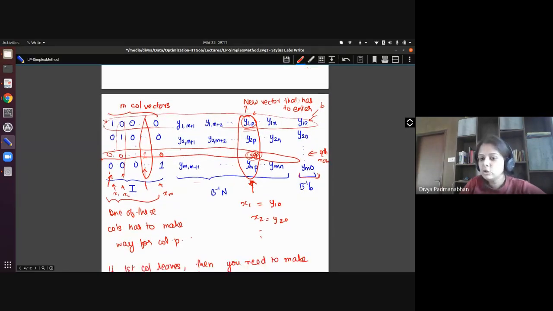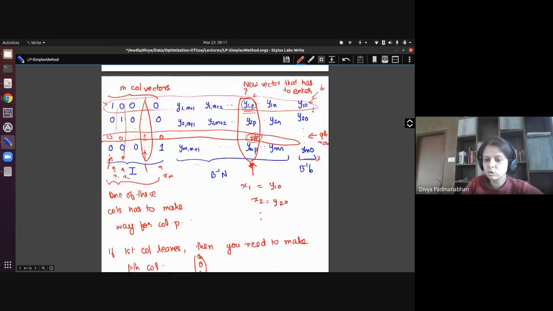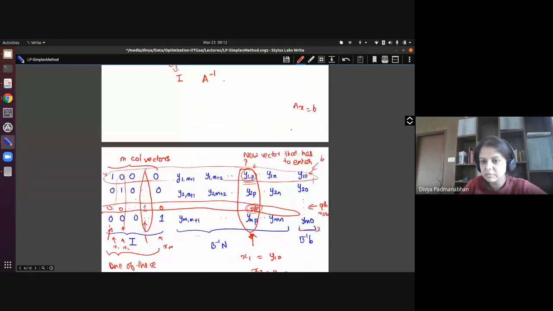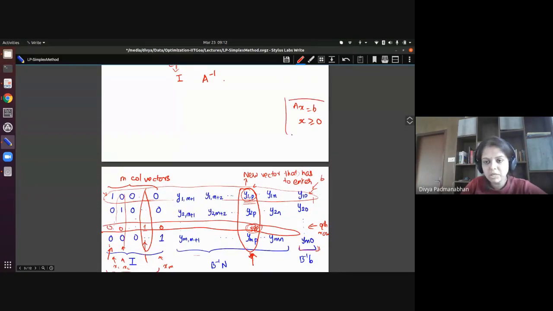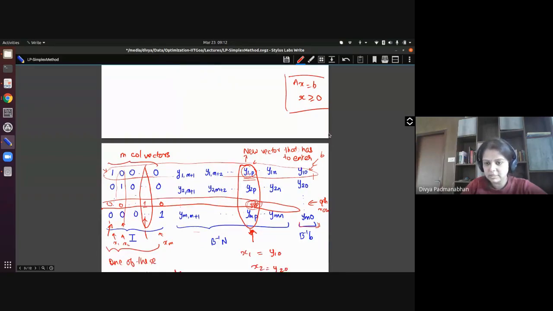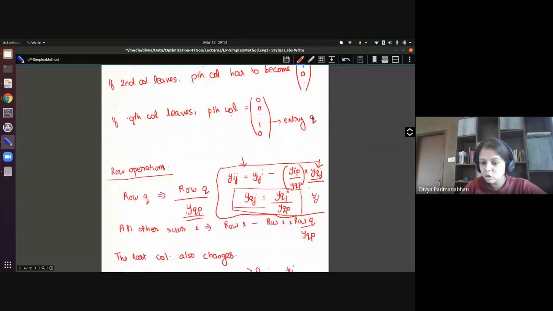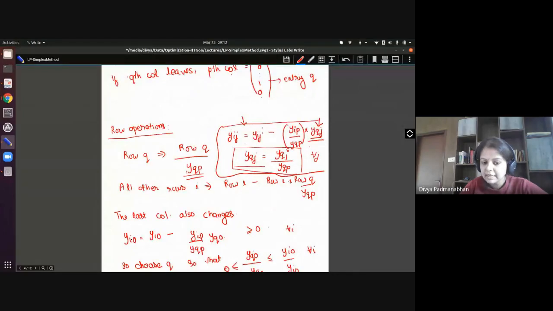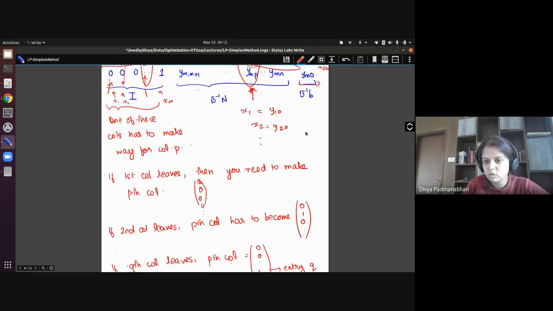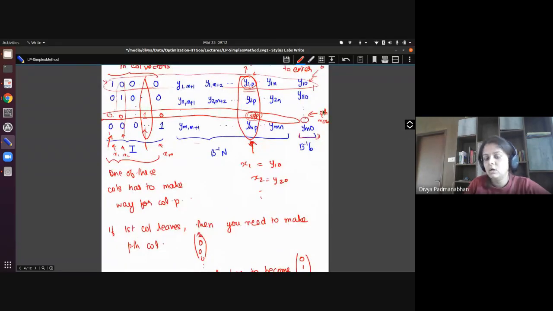Now when you do this, you have to ensure that this is what gives you the values of the basic solutions. So these have to be greater than or equal to 0, because we assume we're working in standard form. This has to always be maintained, so x has to be greater than or equal to 0. So the last column, if you apply this, gives you y_i0 equals y_i0 minus y_ip by y_qp times y_q0.